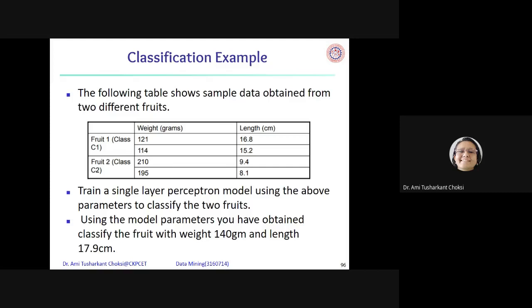So this is the data given to us, and based on this, we want to classify the unknown fruit, having weight 140 gram and length 17.9 centimeter. For this fruit we want to check whether it is of class 1 or class 2, right? This is what we want to do from this data.